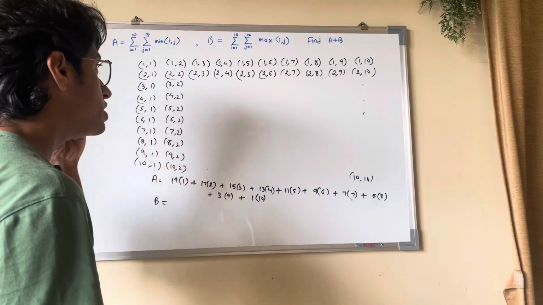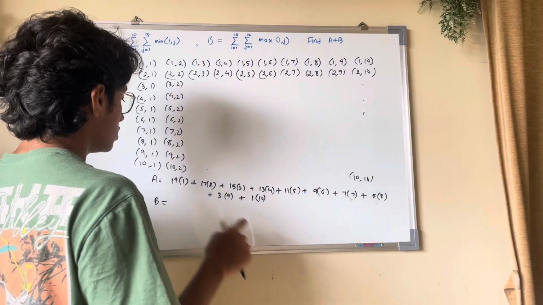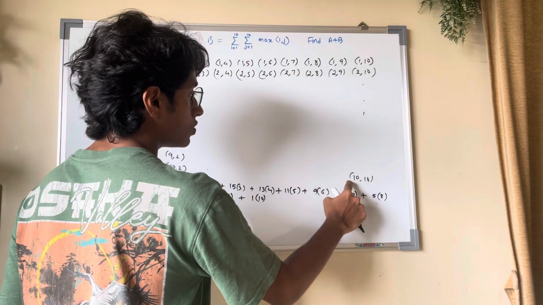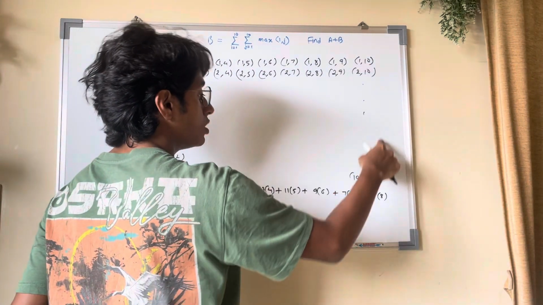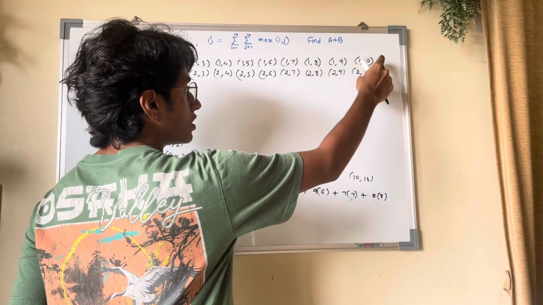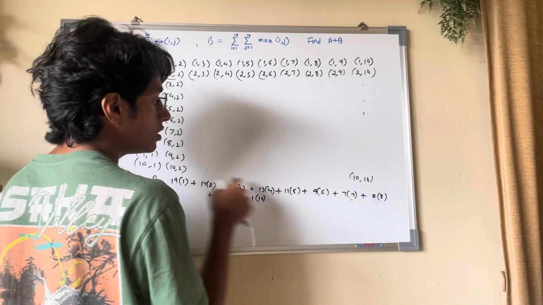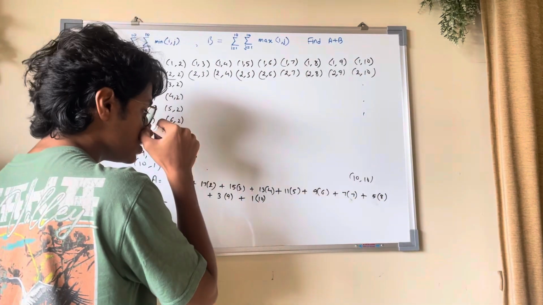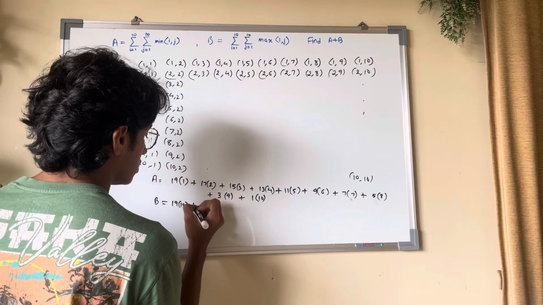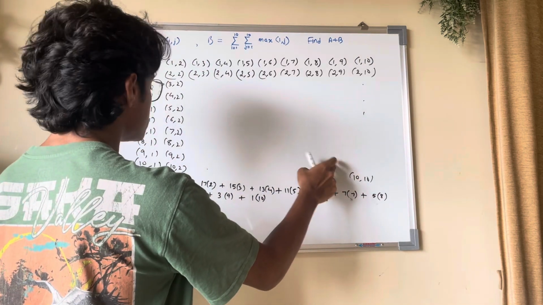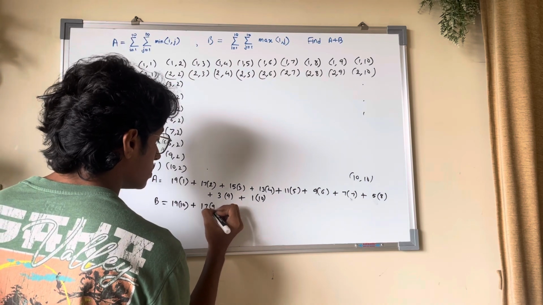Now let's solve for B. We have to find the maximum of i comma j. In the last row, the maximum will always be 10, and in the last column, the maximum will be 10. If we count, from 10 comma 1 to 10 comma 9 we have 9 elements, so 19 times 10. Now for the second last row and second last column, we will have 17 into 9.